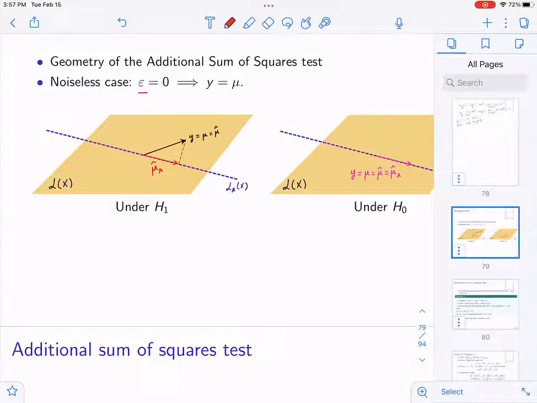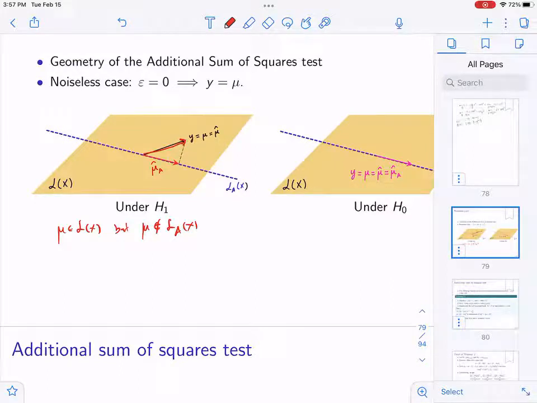So we have 2 cases. Under the alternative, mu is in L of x, but not in L_A of x. This is the situation that I'm demonstrating here. So y is equal to mu and is outside L_A of x.